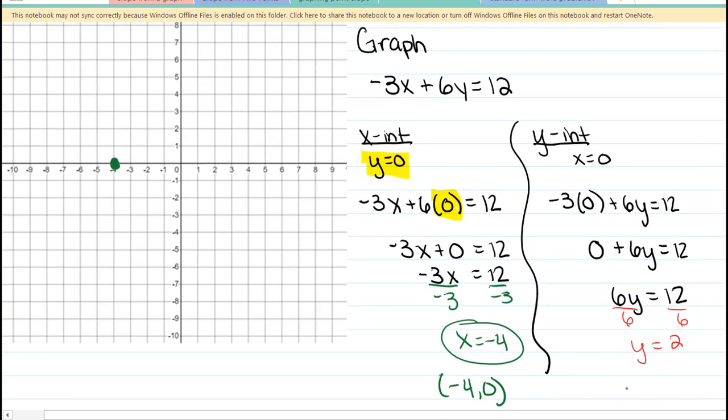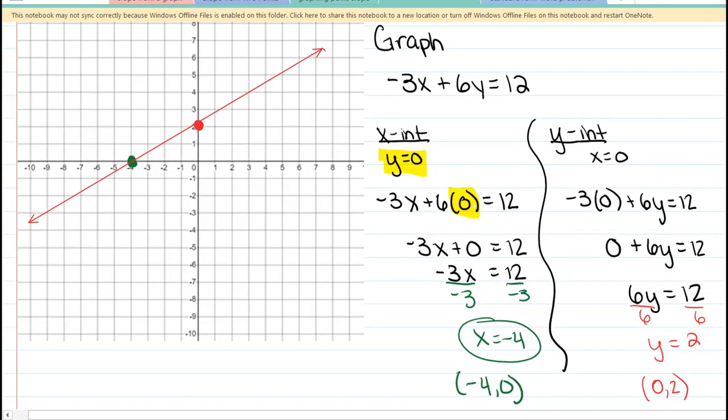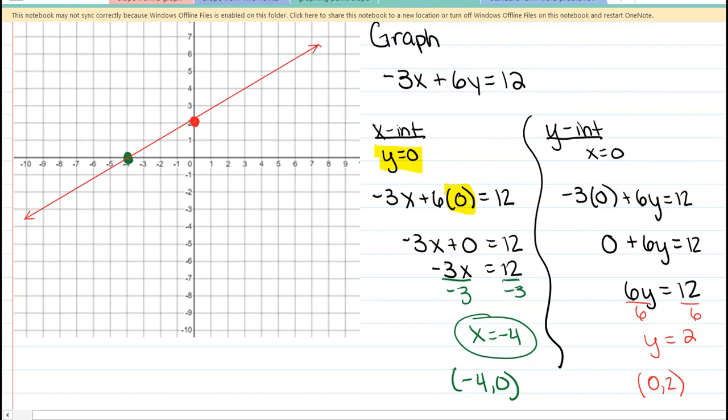That tells me that the y-intercept is 0, 2. And I connect the dots. I would highly, highly recommend that you immediately plot your points when you find them, because negative 4, 2 is not anywhere on this line. I need to know that negative 4 is the x-intercept and 2 is the y-intercept.